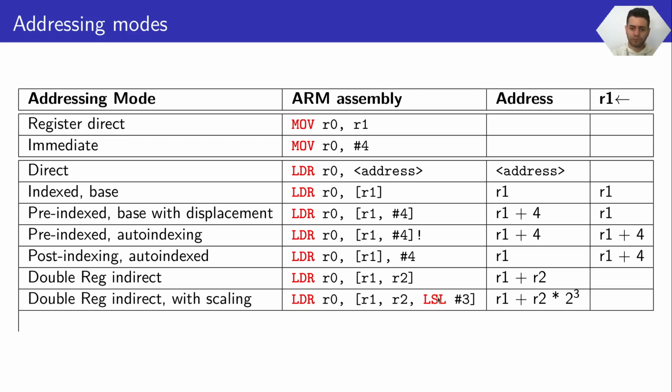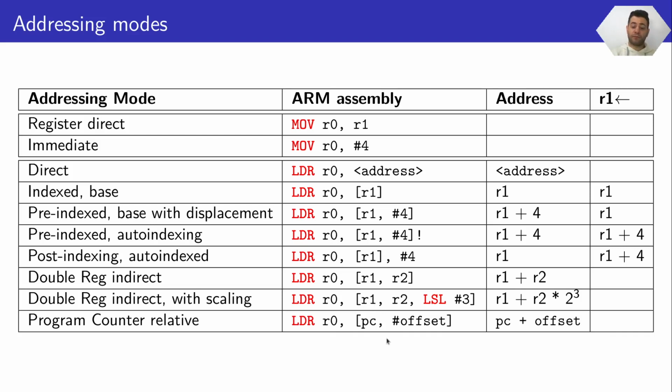So what we're doing here is logical shifting left R2, so we are multiplying R2 by 2 to the power of 3, and then we are summing it to R1. And finally, we have the program counter relative, that is exactly the same as this one, but it is particular because the register we are referring to is the program counter, and we will see how this is useful in the next slide.